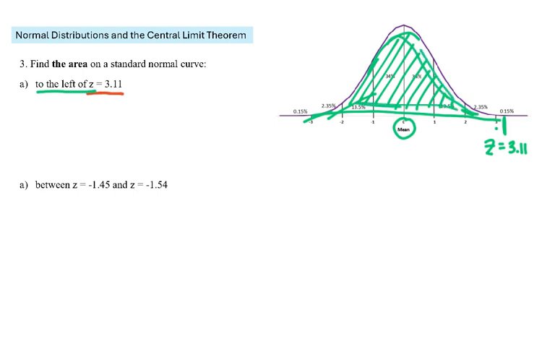What we do is look on our z table, and we can find the number associated with z equals 3.11. Let me pull that up now.